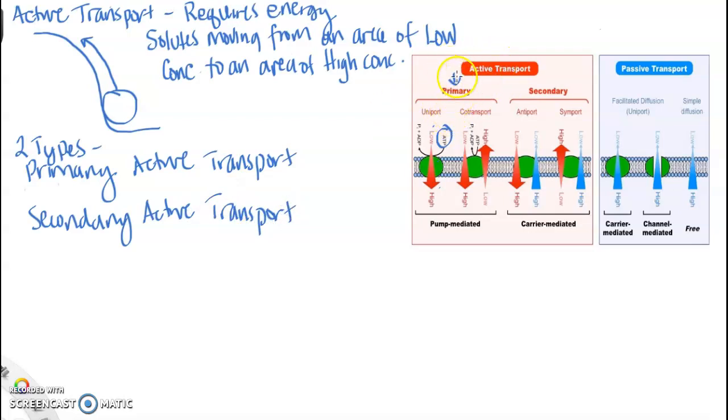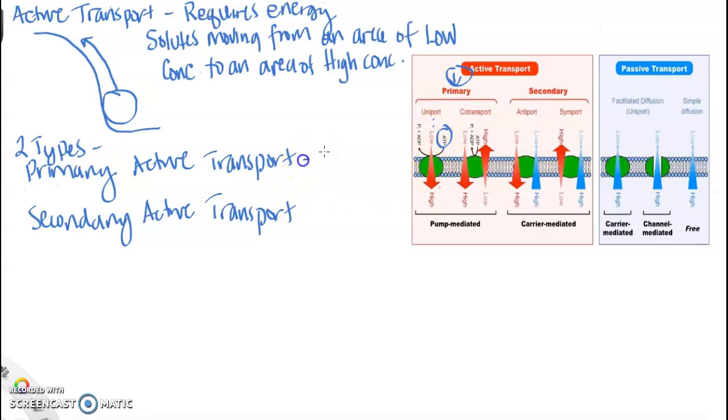So in primary active transport, we basically have a low concentration of solute going to an area where there's high solute concentration. So we use ATP to phosphorylate a protein, a channel protein, to pump the solute against the gradient.